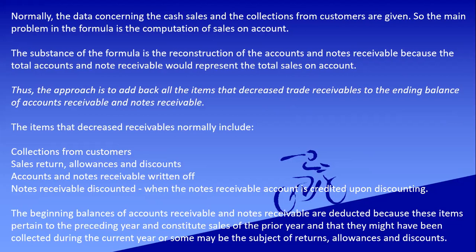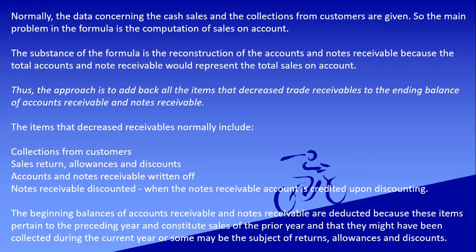Thus, the approach is to add back all the items that decrease trade receivables to the ending balance of accounts receivable and notes receivable. The items that decrease receivables normally include collections from customers, sales returns, allowances and discounts, accounts and notes receivable written off, and notes receivable discounted when the notes receivable account is credited upon discounting.